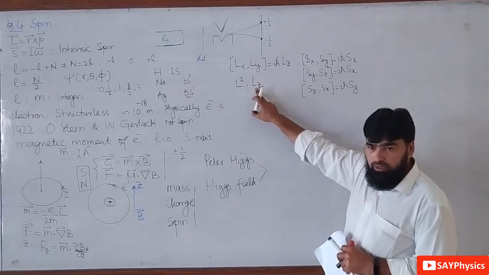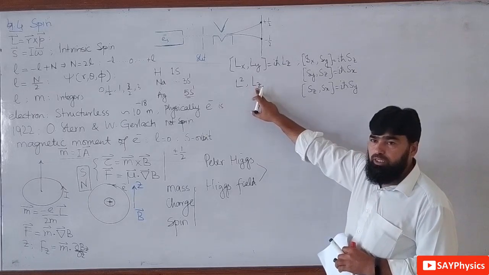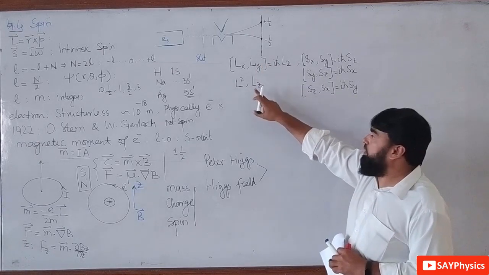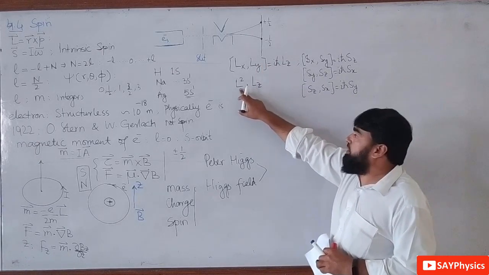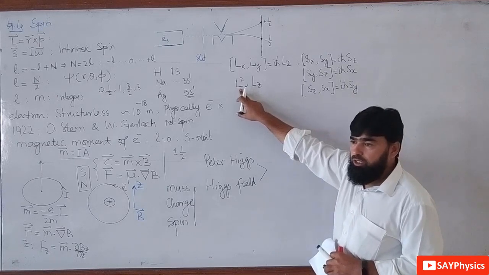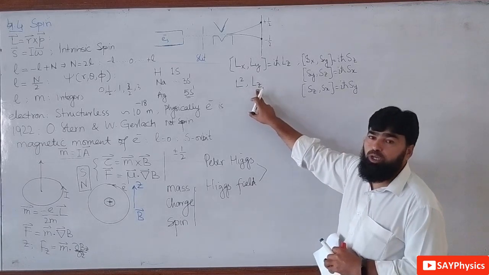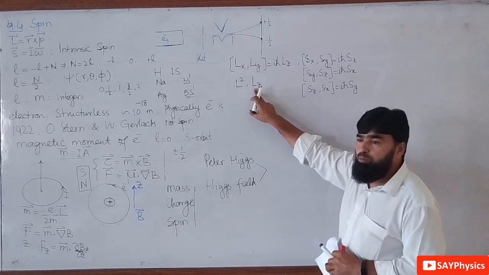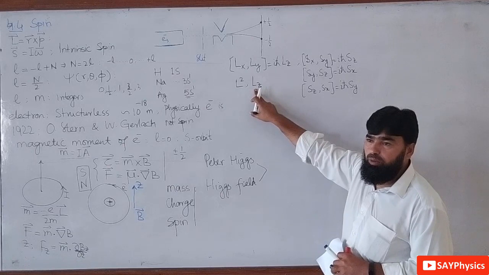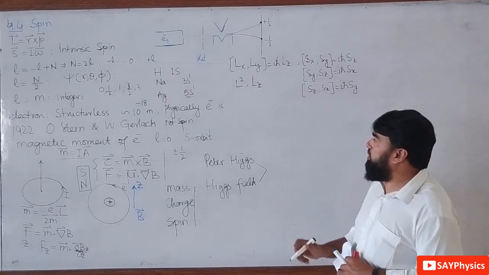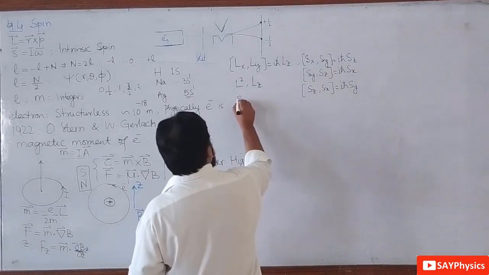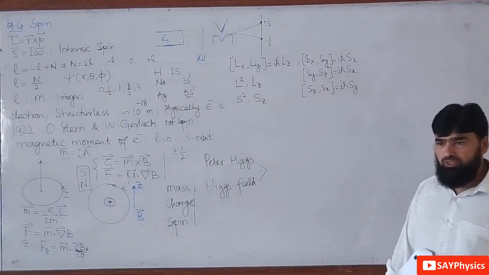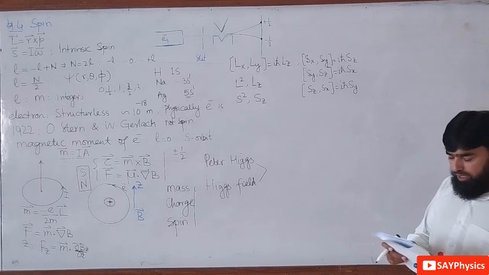Lz was an operator which gave us the z component, only one component of it. L square is Lx square plus Ly square plus Lz square, and this is the z component of the angular momentum. And there was a specific importance of this one, as you remember. So similarly, we will do S square and Sz as well, as these are also angular momenta.